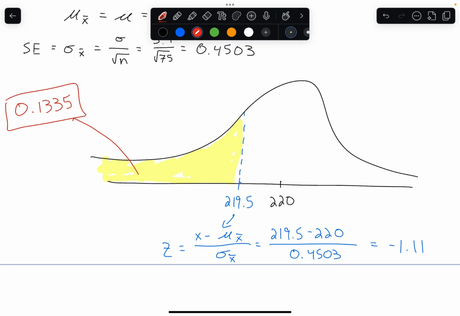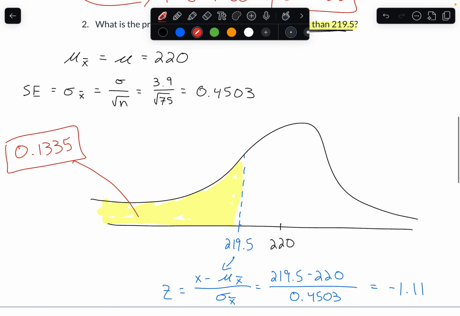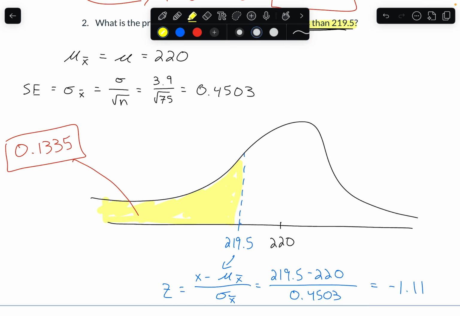So hopefully once we get past those initial steps of determining that the central limit theorem will work for our problem, that our sample is large enough, and establishing what is the mean of the sampling distribution and what is the standard deviation of the sampling distribution, these should feel pretty familiar to the normal distribution problems that we did way back in Chapter 4.